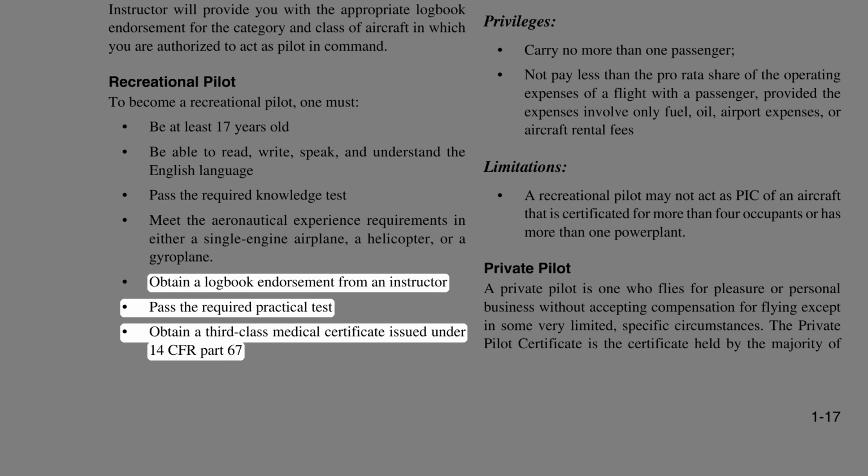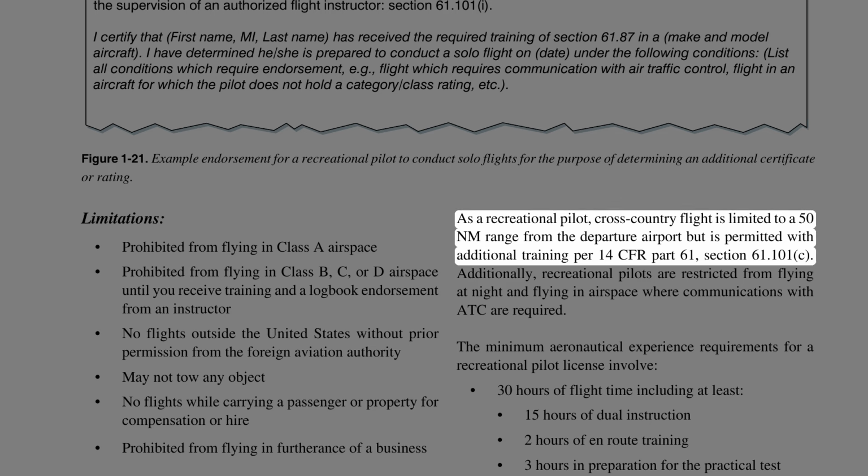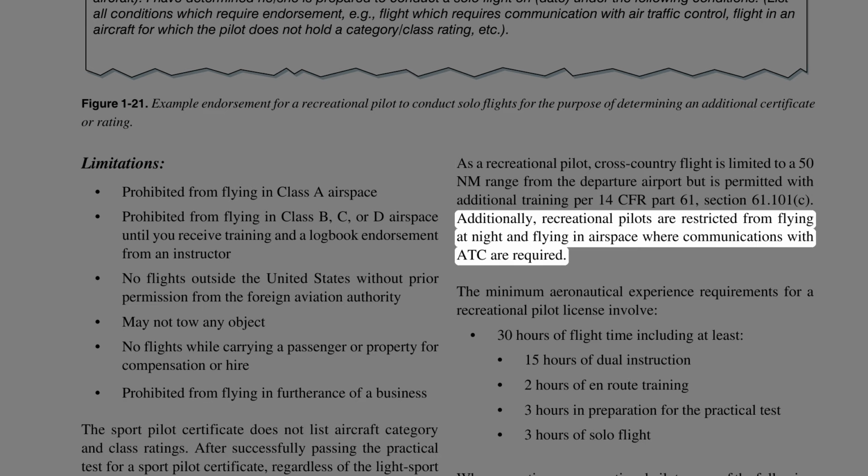Obtain a third-class medical certificate issued under 14 CFR Part 67. As a recreational pilot, cross-country flight is limited to a 50 nm range from the departure airport but is permitted with additional training per 14 CFR Part 61, Section 61.101(c). Additionally, recreational pilots are restricted from flying at night and flying in airspace where communications with ATC are required.